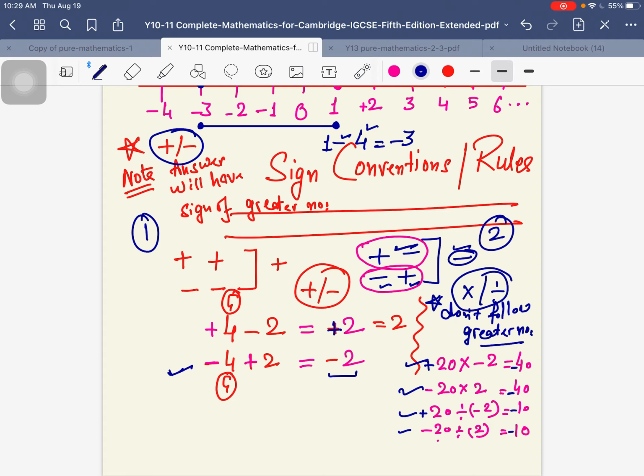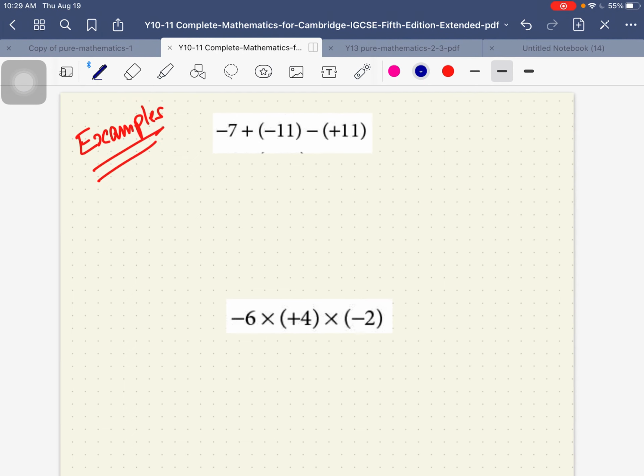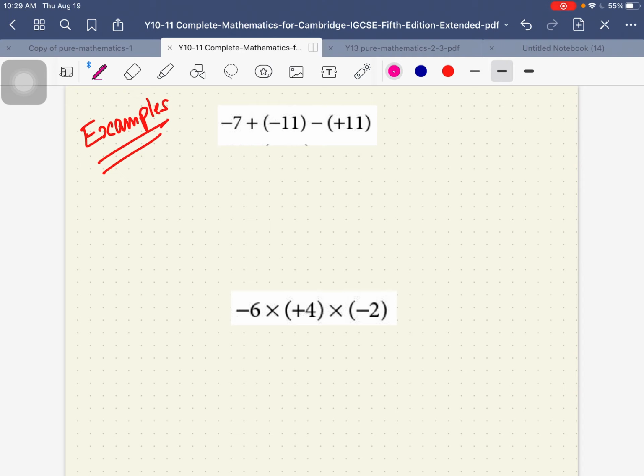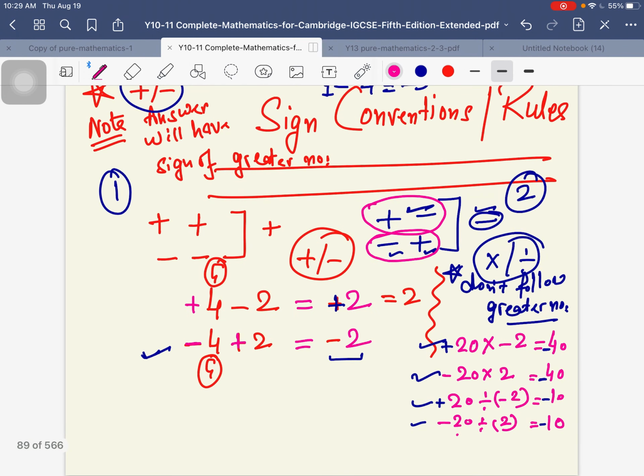Let's solve an example from the book questions over here. So here's a question with us. Simplify. Just simplify this expression. We need to apply BODMAS, but before that we need to open the bracket and keep in mind the sign conventions. Plus plus and minus minus is plus.